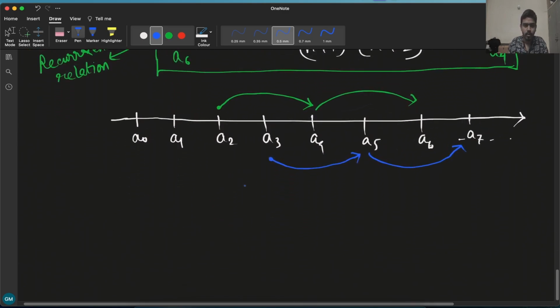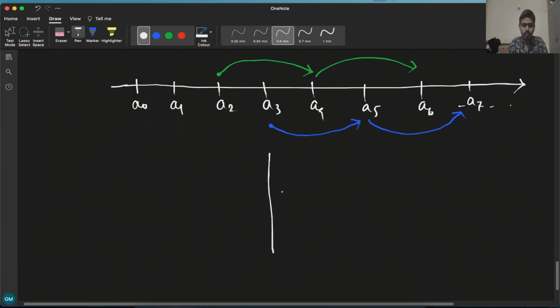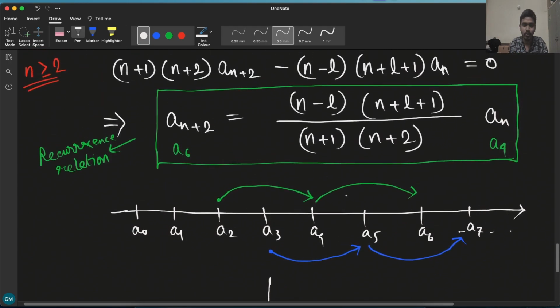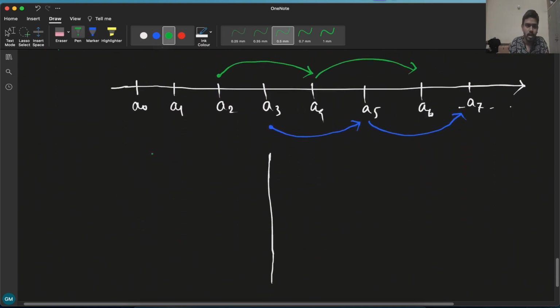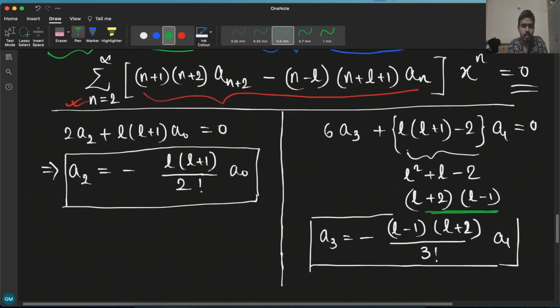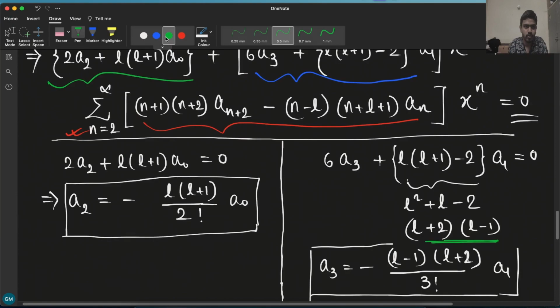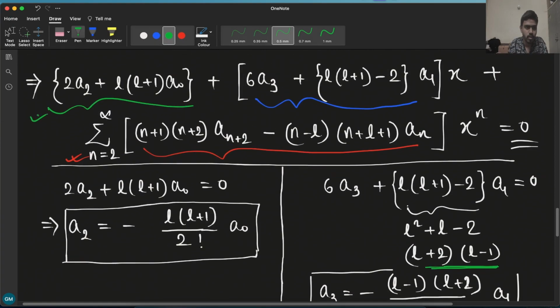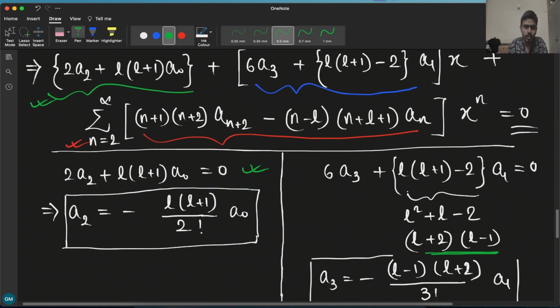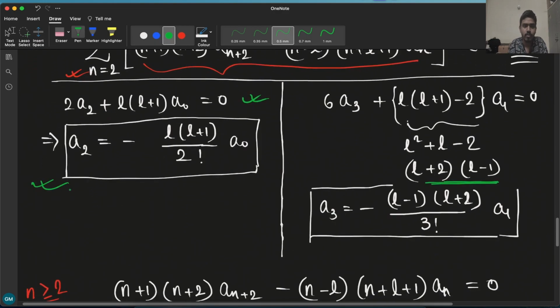Okay, so let's summarize what we have then. You can basically see we will have two series. Let's start with a0, and the other series will start from a1. The coefficient of x to the power 0, making this equal to 0, is giving me a2 in terms of a0.